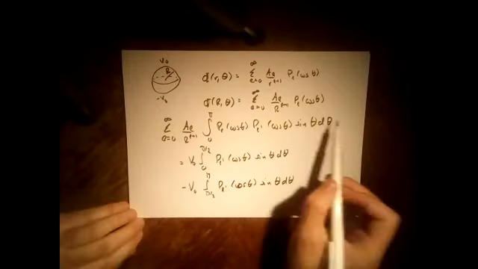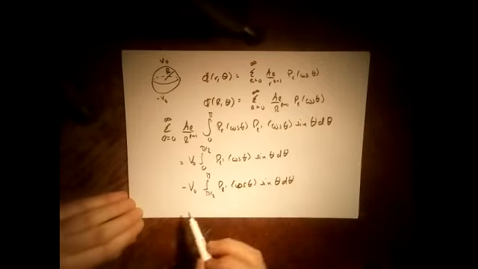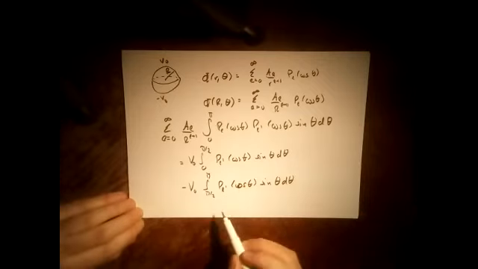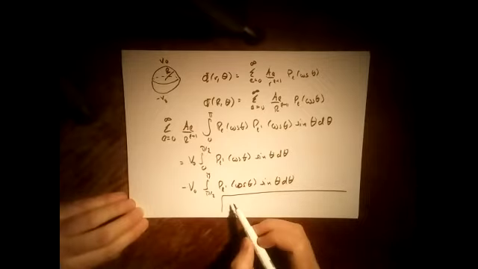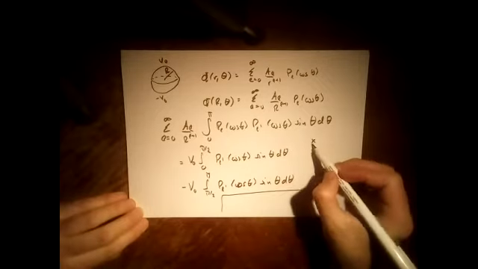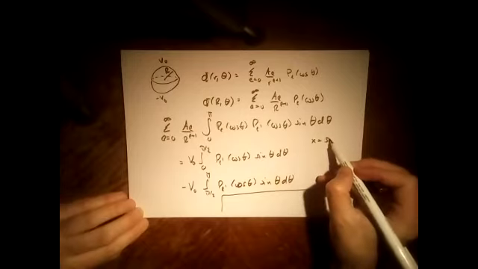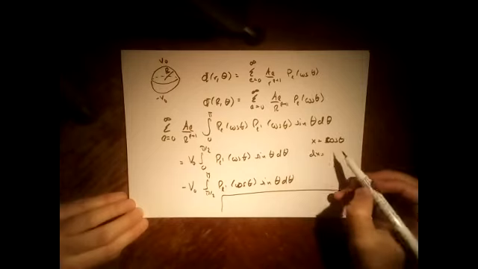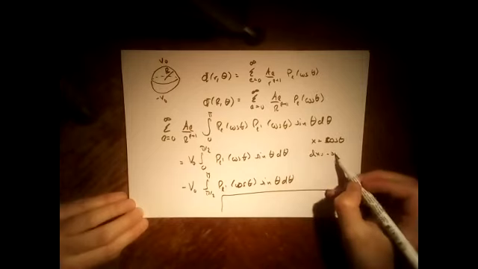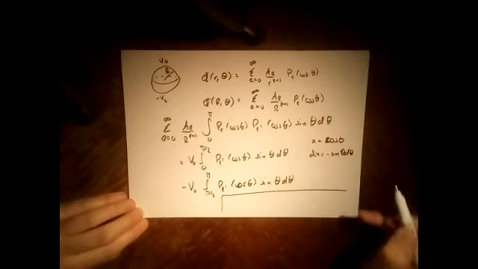Now we should finish this first. We're going to, of course, use the orthogonality relation for Legendre polynomials, which goes like this. We could switch to another variable, x equals cosine theta, in which case dx is negative sine theta d theta.